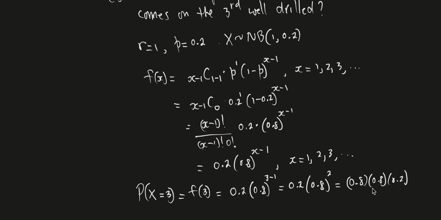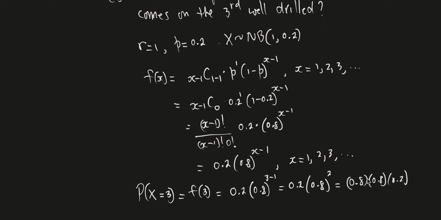Again, each of these, think of it as a trial. It's either a success or a failure. And you want to have the first success on the third trial. Well, the probability of that happening is this: you'd have to fail on the first and fail on the second and then succeed on the third.